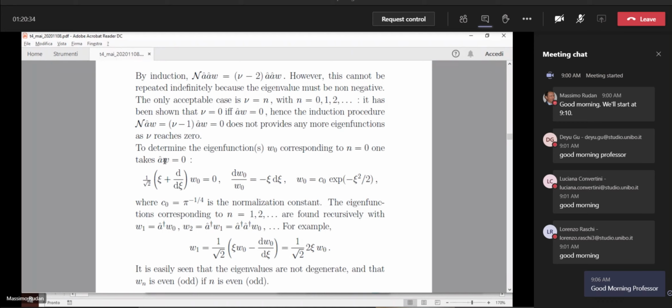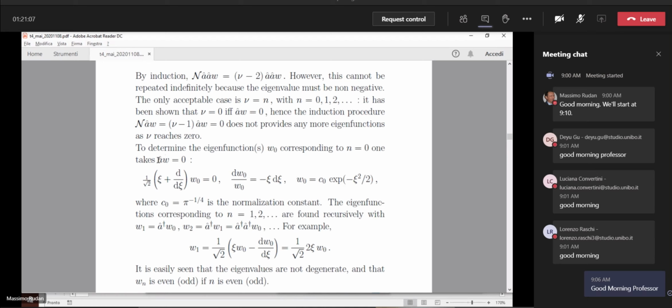So we cannot say anymore that AW is an eigenfunction because it is equal to 0 and it is not acceptable. But W is an eigenfunction. It is the eigenfunction that corresponds to the eigenvalue n equal to 0. So we know that W in this formula, AW equal to 0, is an eigenfunction.